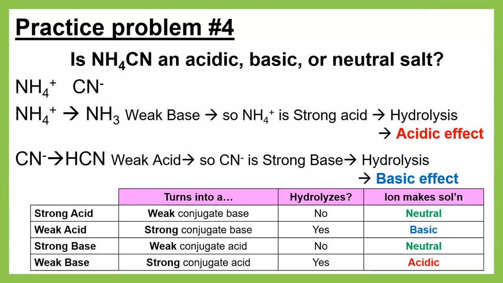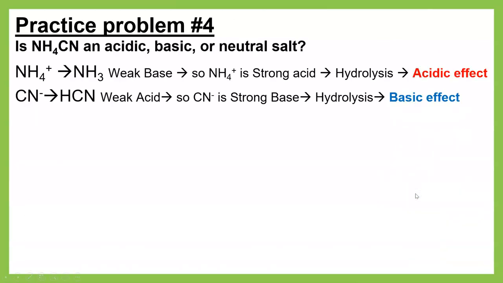Now, if I have acid and base contributions, I need to stop and compare the values of K. So, I look up in a chart and I can find the Kb of NH3, which is the conjugate of my ion.